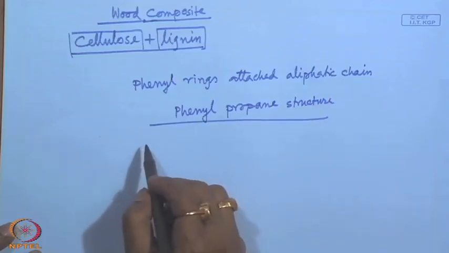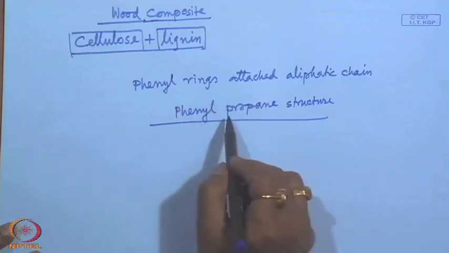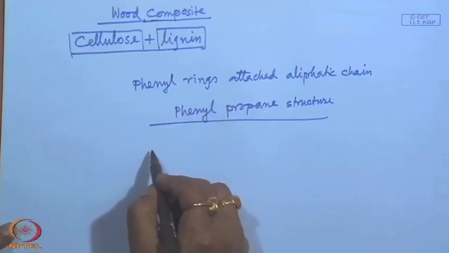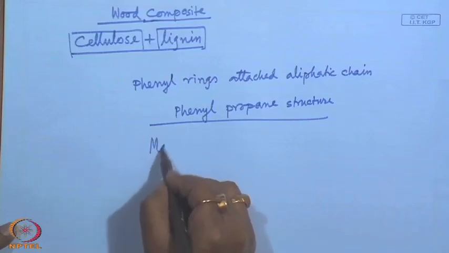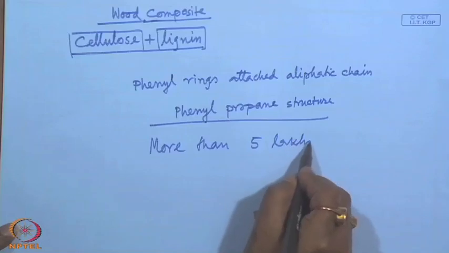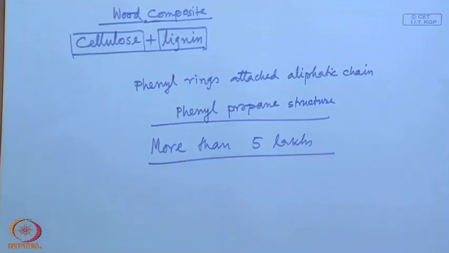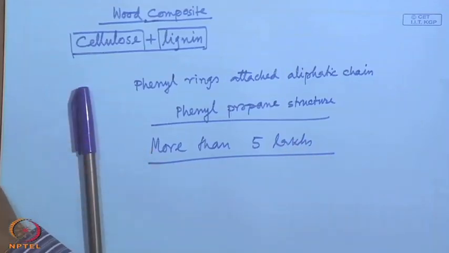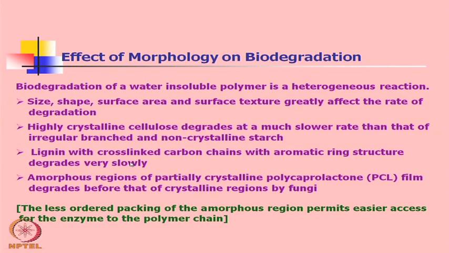There are a lot of linkages between such phenyl propane units, and the molecular weight becomes more than 5 lakh Dalton. So, that is the high molecular weight lignin, and when it is cross linked with carbon chains with aromatic ring structure, it also degrades very slowly. Not only that, this phenyl propane structure also contains some phenolic groups.